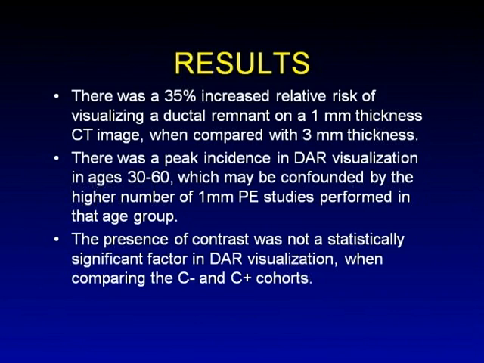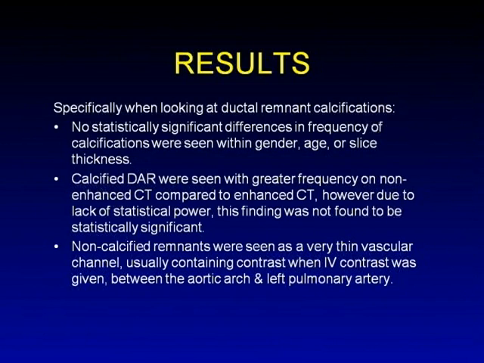As we discussed, there was a peak incidence between the ages of 30 and 60. However, again, because of the 1 millimeter thickness studies done in that age group, this could be a potential confounding factor. The presence of contrast did not seem to be a significant factor in visualization. Specifically looking at ductal remnant calcifications, there was no significant difference in frequency when comparing gender, age, or slice thickness.